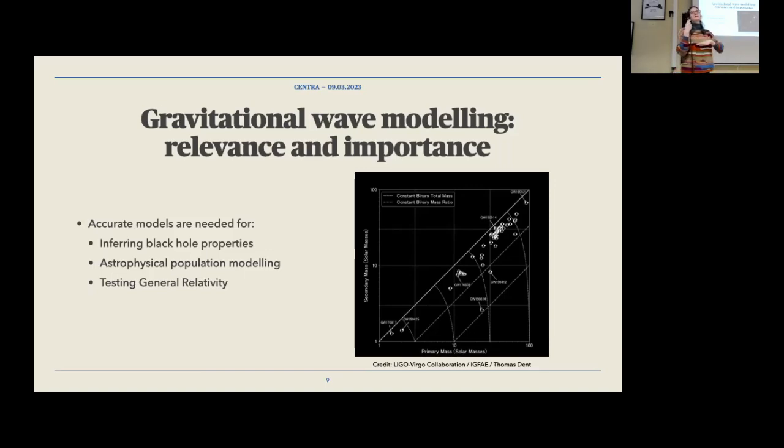At the moment, with the sensitivity of our detections, if we do see deviations, we are much more likely to assume that they come from model systematics than from any deviations from GR. But it is better to know what those systematics are in advance rather than have to work them out on the fly.